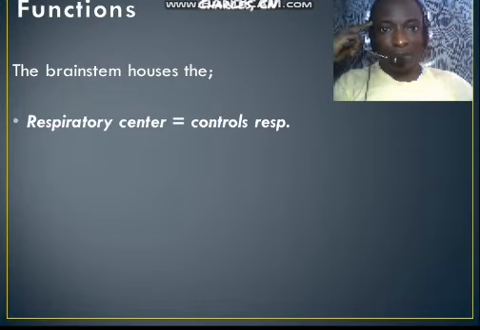It turns off those areas in the brain and you just sleep. Again, in the morning, it switches on some vital areas in the brain and you just wake up. Sleep and alertness or wakefulness is controlled by this structure, the reticular formation.